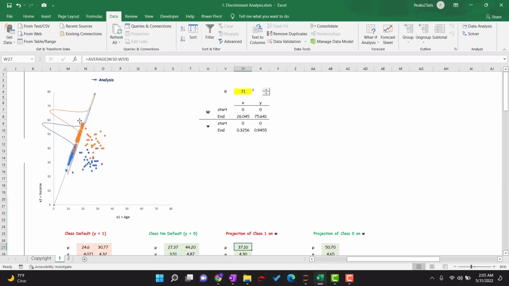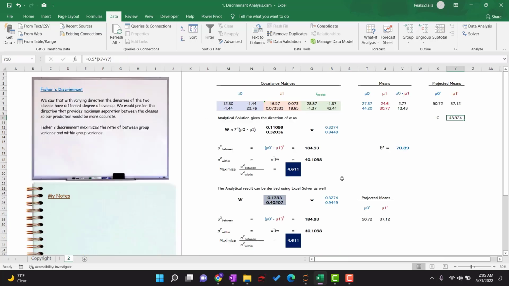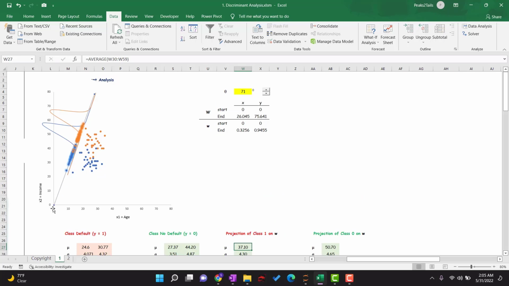Again, this diagram gets a little distorted when I rotate it, so don't get confused. But the decision boundary will pass through the middle of these two projected means. That will be at a distance close to 44 from the origin. So along W, if you travel a distance of 44, I'll get that decision boundary. Below that decision boundary, everything is blue. Above that decision boundary, everything is orange.